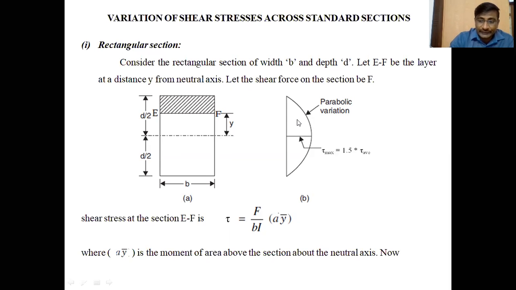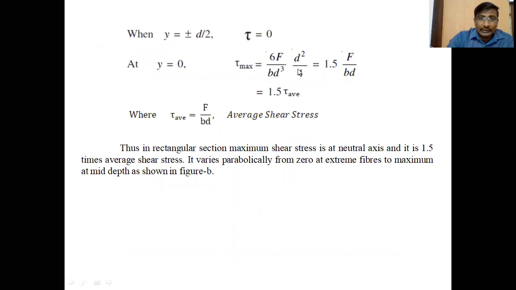The maximum shear stress value is 6f by bd cube into d square by 4. In this, d square and d cancel, and bd remains in the denominator. So 6 by 4 is 1.5 into f by bd.